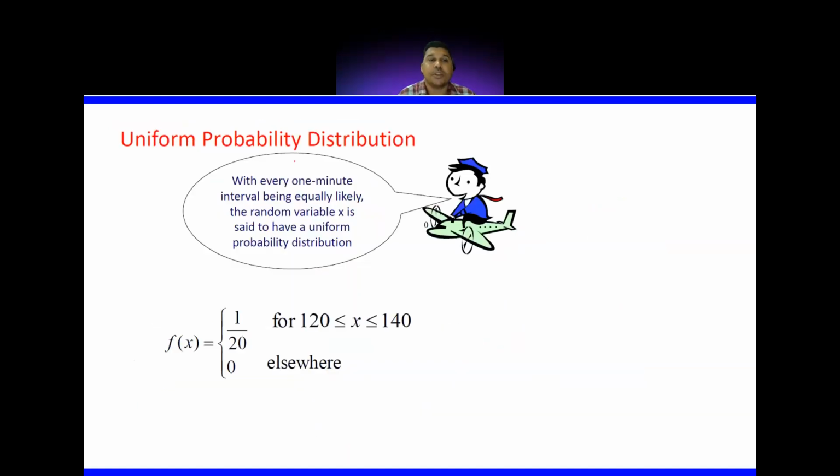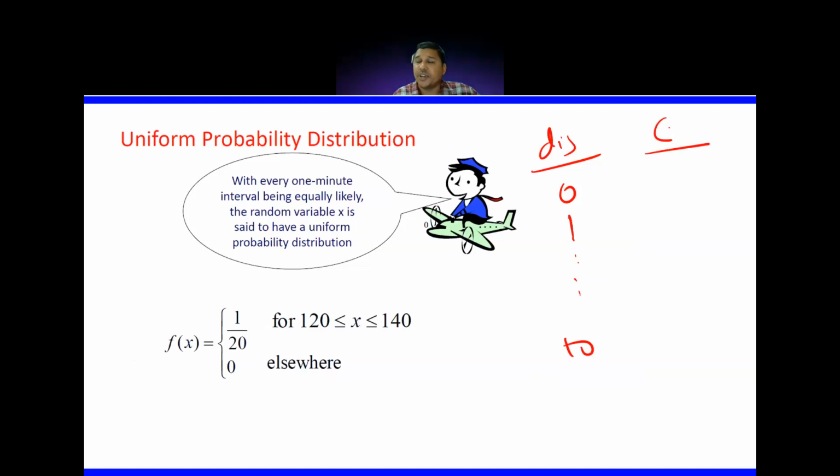Now, with every 1 minute interval being equally likely, the random variable x is said to have a uniform probability distribution. You know about discrete: if there are 10 MCQ questions, the value is between 1 to 10.